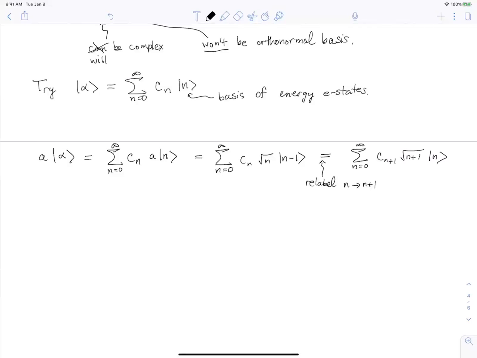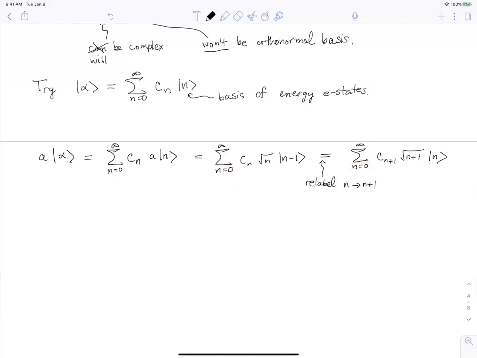And you could worry about the extra term that I've added in, which is n equals -1, which it turns out doesn't exist. So that's why I was able to sneakily change this n equals 0 to this n equals 0.